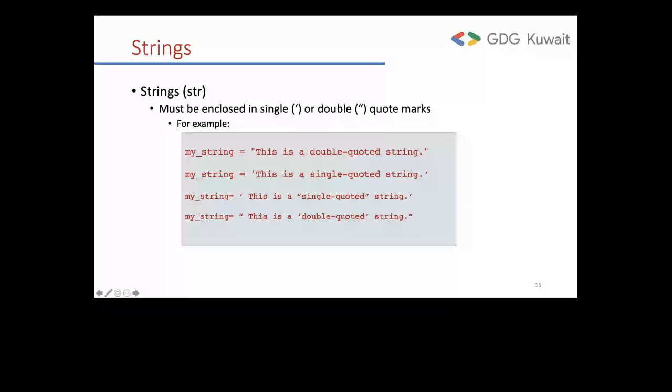But if the string has a single quotation inside it, we use single quotes for the whole text, and the words with the single quotation are quoted in double quotes. Okay?